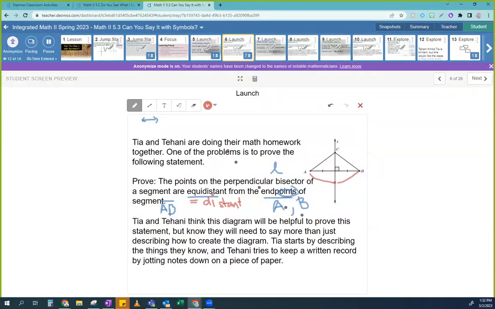I can't draw lines. Let's try that again. Okay, from here to here and from here to here. Okay, they're equal distance. How do I mark it so that it's equal distance? What do I do to show that they're equally distant?